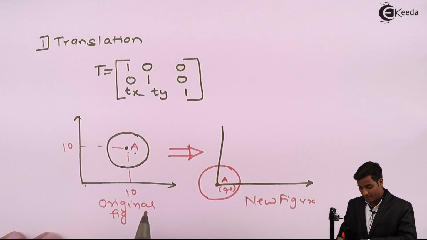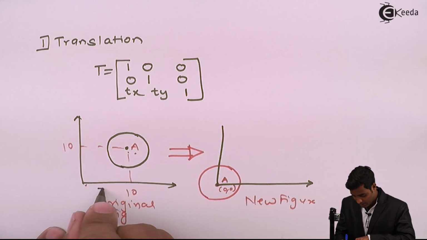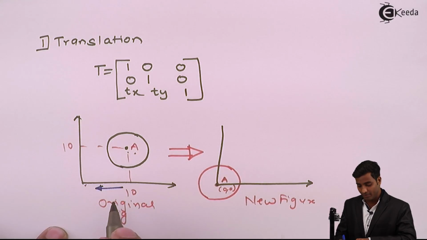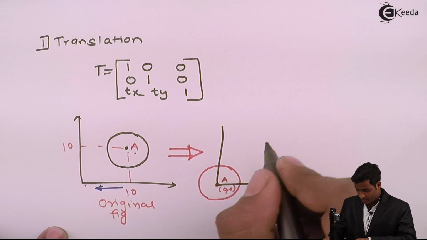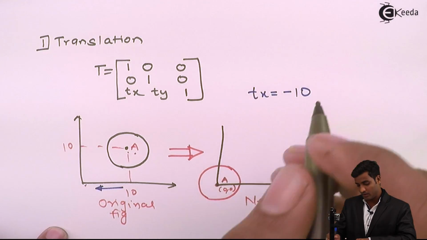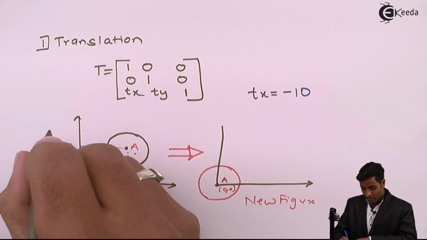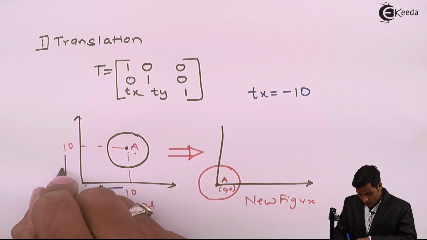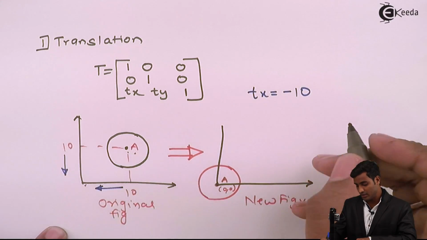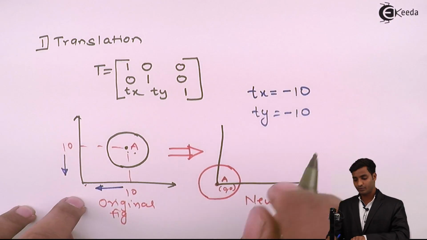Since we are traveling from right to left, that is 10 units in this direction, the sign convention will be negative. So Tx here will be minus 10. In the y direction, we are translating from up to down, so the sign convention is negative, and we are traversing 10 units, so Ty will also be minus 10.